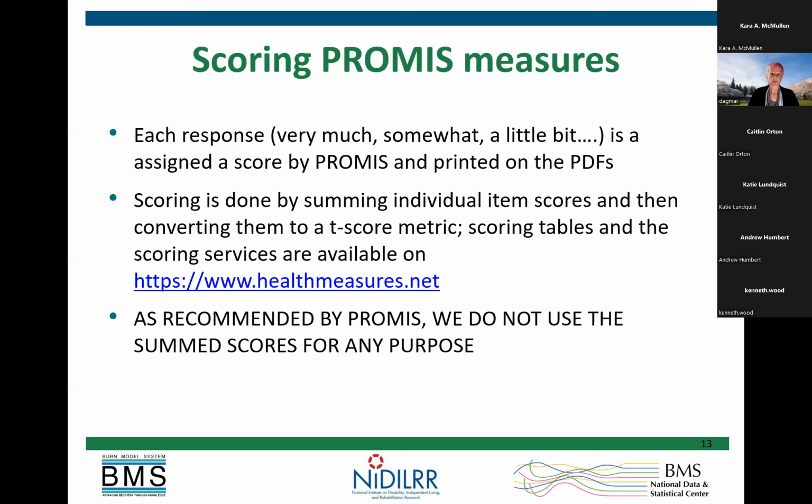And of course, if you administer by computerized adaptive testing, the algorithm provides a score for you. It provides the individual item scores as well as the overall score on a T-score metric.